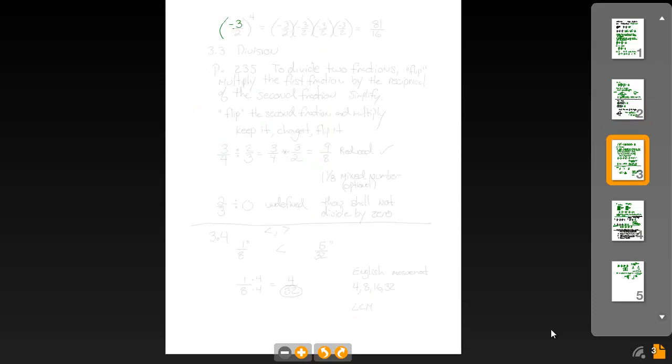One last example, then we're going on to division. What does that little exponent of 4 mean? Negative 3 so far. So they're saying it's the whole thing though, negative 3/2 times itself 4 times.